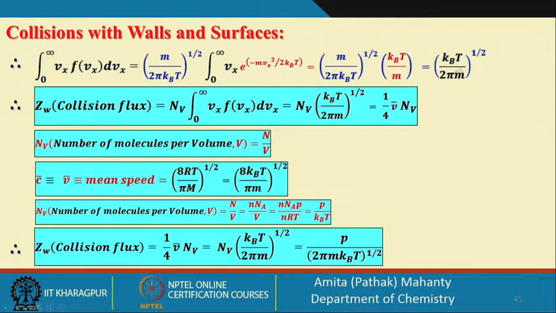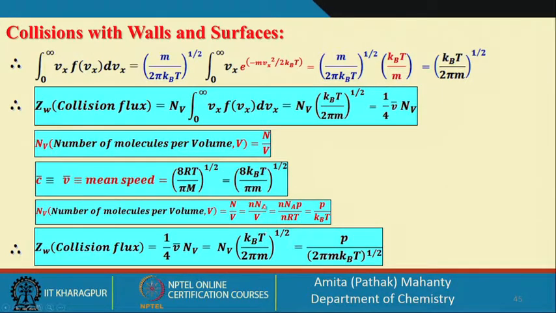So, this was added, multiplied by this. So, what do you get? You get here this value, you simplify this, you get something like this. Now, you can put in various forms of that. So, collision flux can be derived as this.